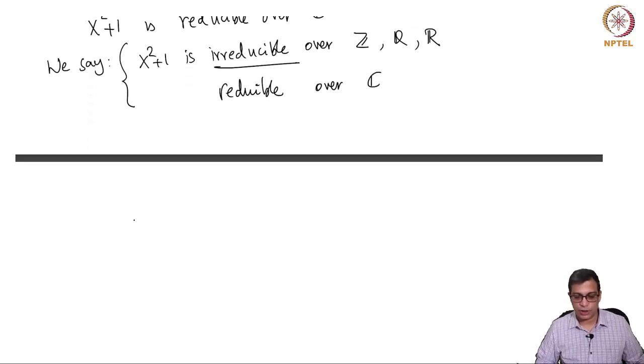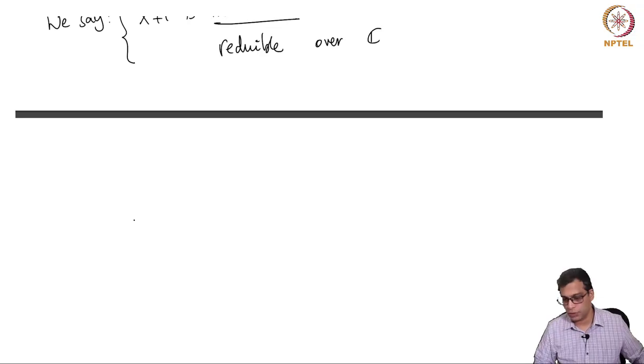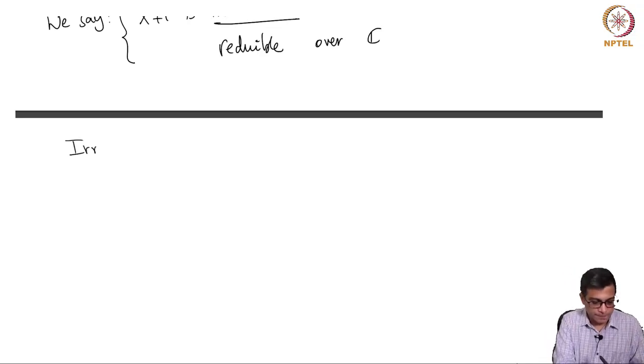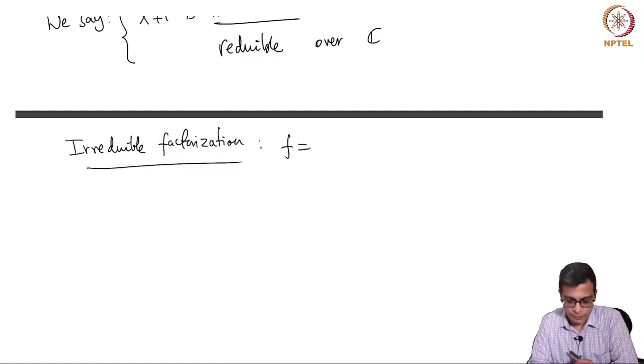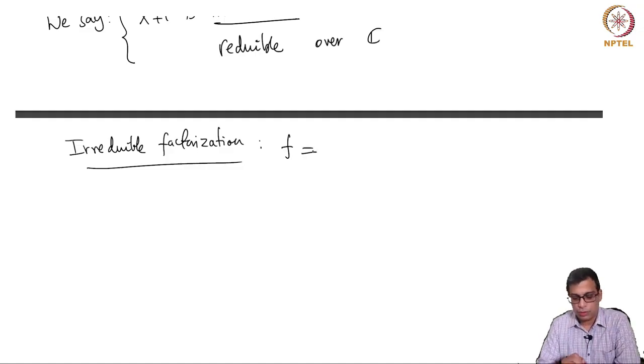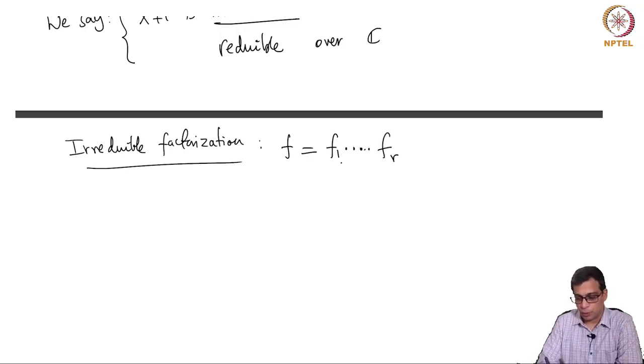Okay, so now we can talk about irreducible factorization of polynomials. Again, I don't want to get into technicalities here. I just want to give you an idea of what happens. An irreducible factorization of a given polynomial is simply a product of irreducible polynomials, so each f_i is irreducible.